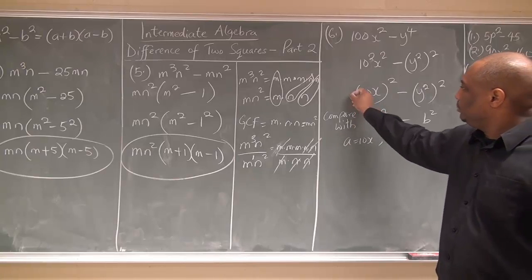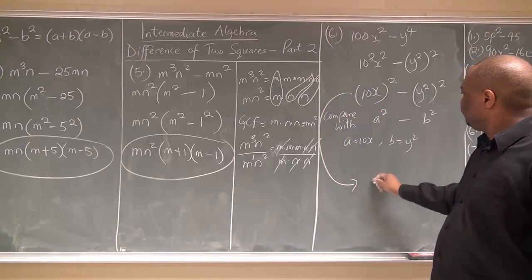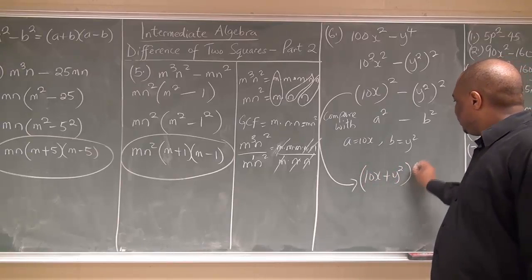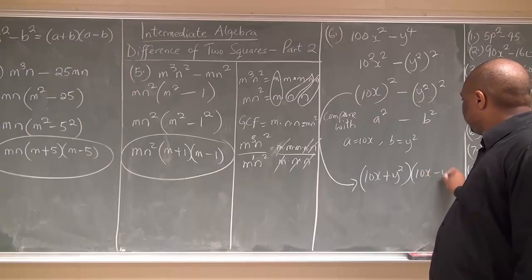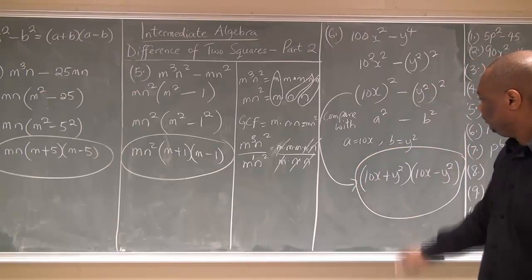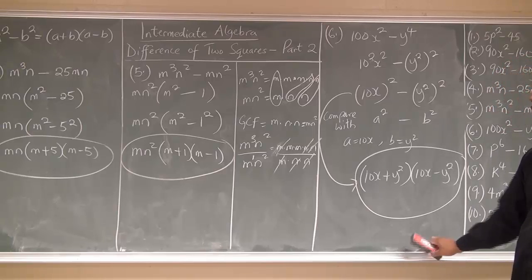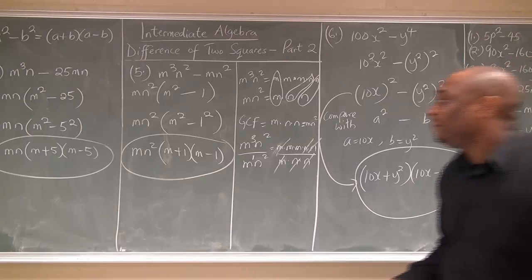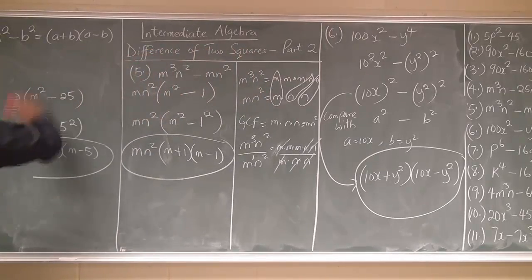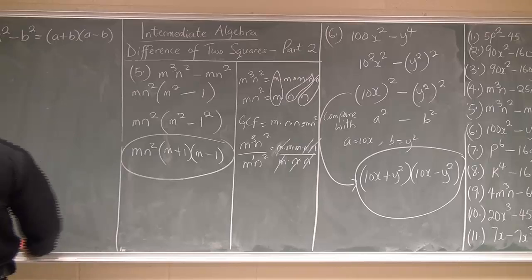So this will now give you what? 10x plus y squared times 10x minus y squared. This becomes your answer. That's it. Number 7. We are moving on.